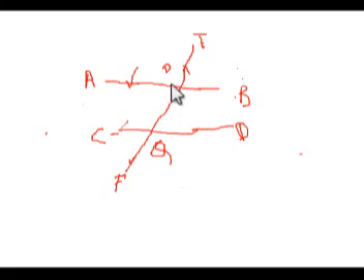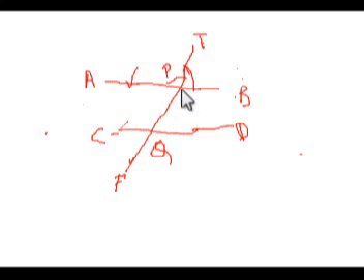So opposite angles must be equal whether the lines are parallel or not parallel. But alternate angles, I have said, will not be equal in case of not parallel lines, but in case of parallel lines the alternate angles must be equal. Now I'll look at the adjacent angles. These are called adjacent angles.